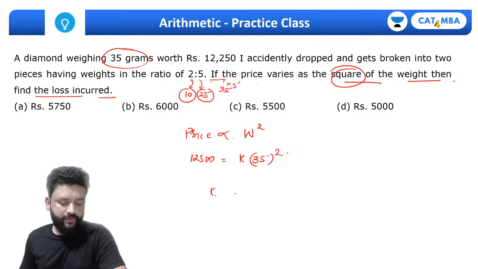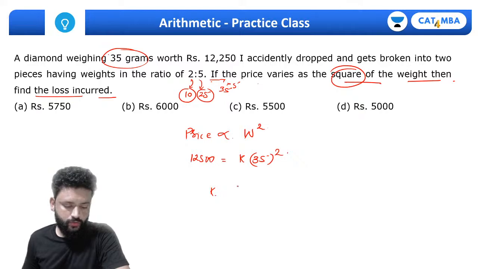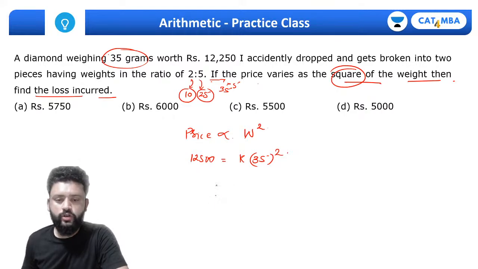You can get the value of K. Individual ratio, yes, that's also possible.